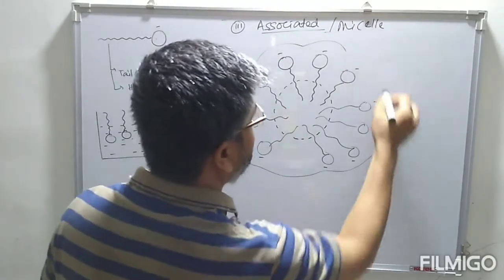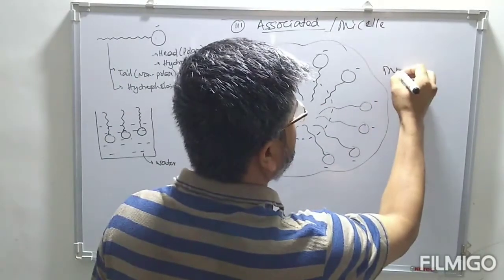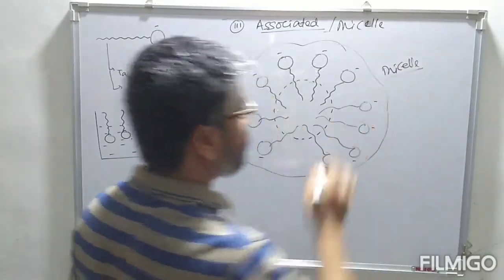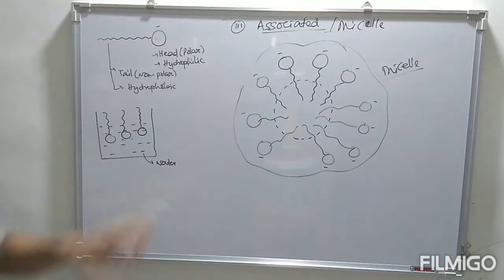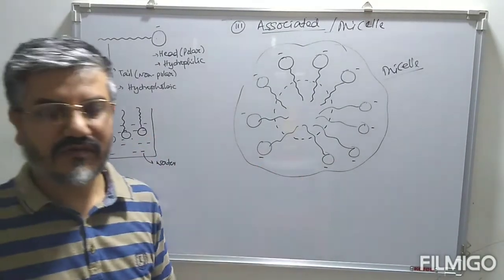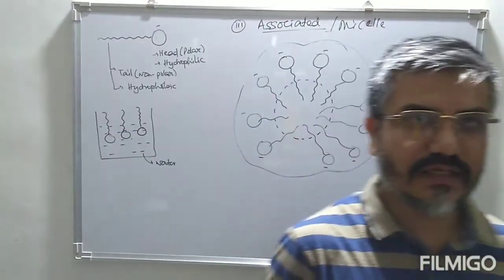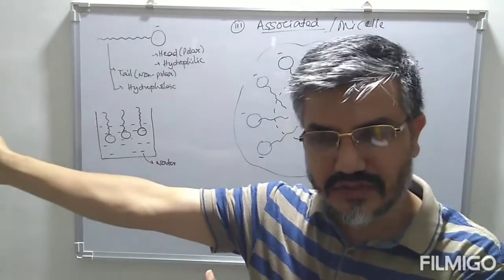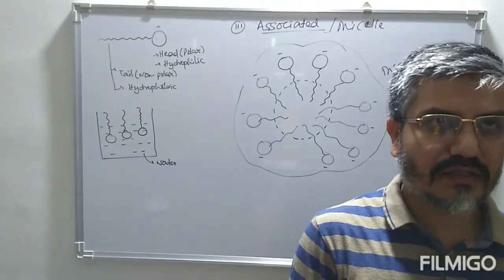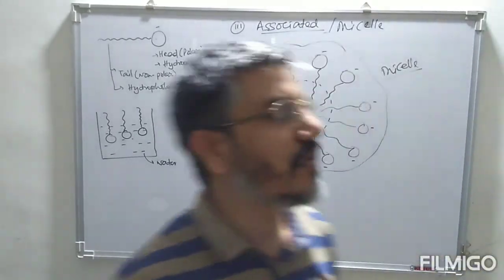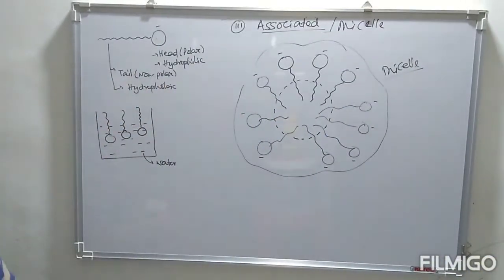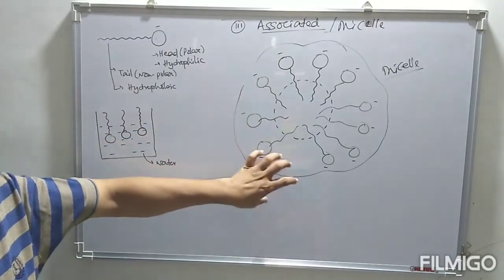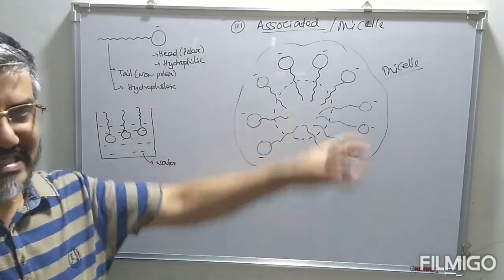This spherical formation is what we call a micelle. Basically this is only possible because of the presence of lyophobic and lyophilic parts. The lyophilic part remains in the bulk of the solution, whereas the lyophobic part remains away from the solvent, resulting in the formation of a spherical structure known as a micelle.